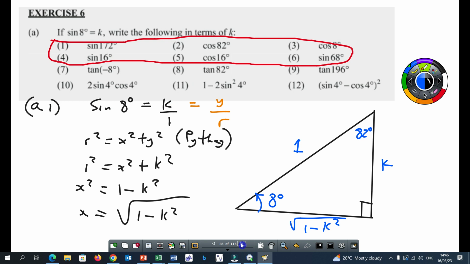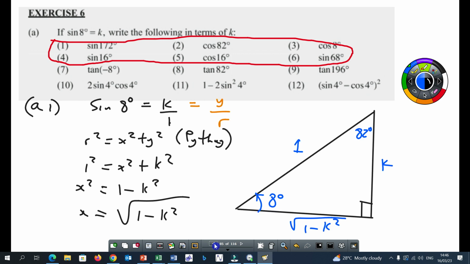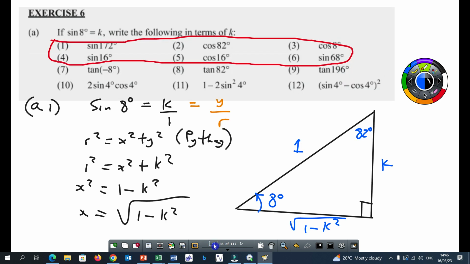We want to determine what is sine 172 degrees.